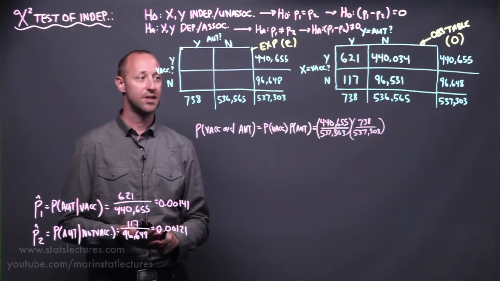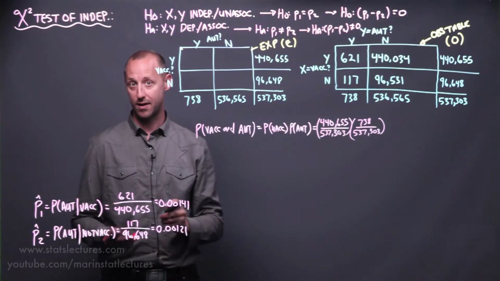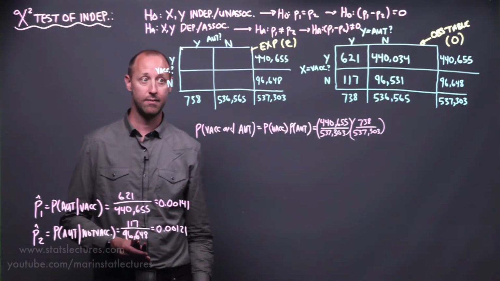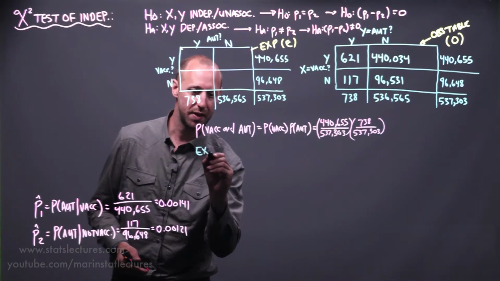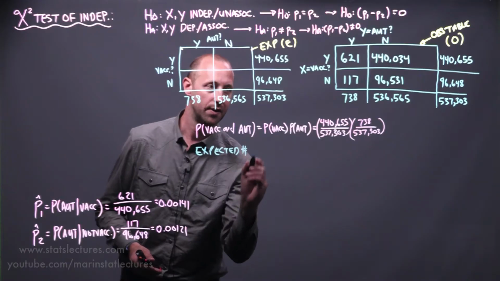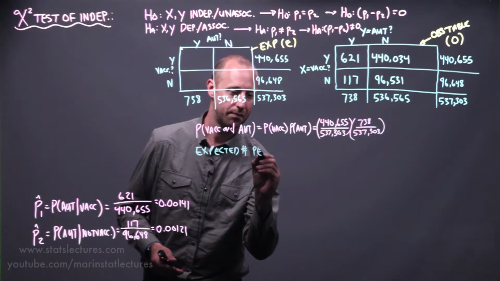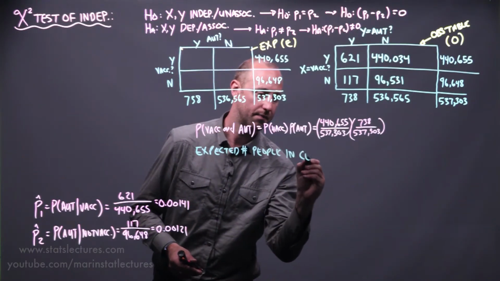So this here tells us the probability of falling into that cell if X and Y, if vaccination and autism, are independent. What we'd actually like to get at is what's the expected number of people in the cell.